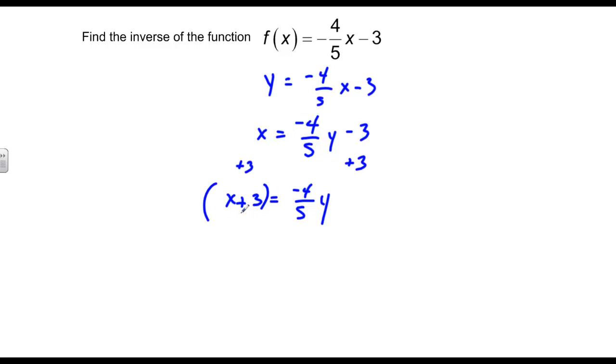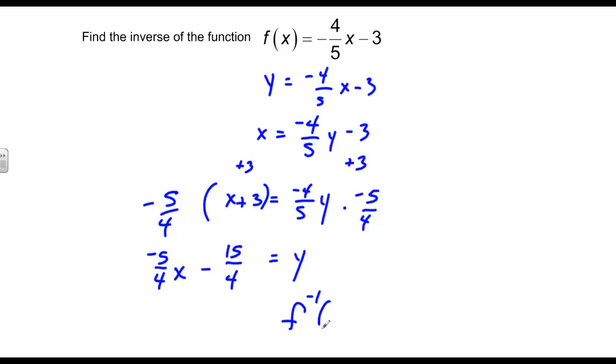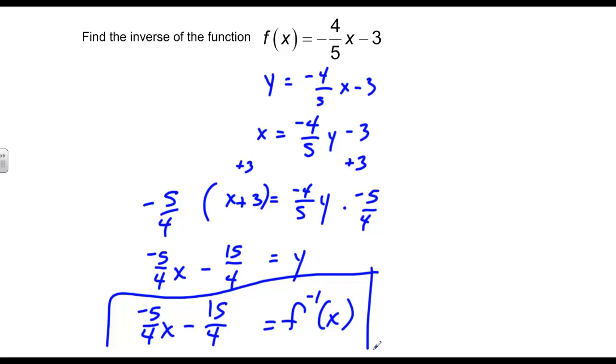We want to multiply both sides by 5/4 of the negative type, and I get y equals negative 5/4 x minus 15/4. Replace the y with the inverse notation, and we get negative 5/4 x minus 15/4 is equal to the inverse.